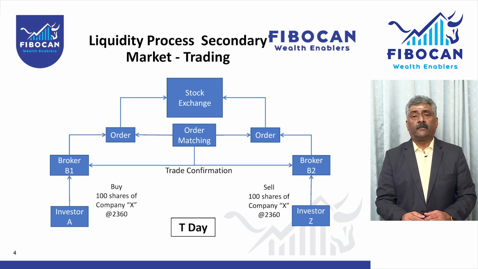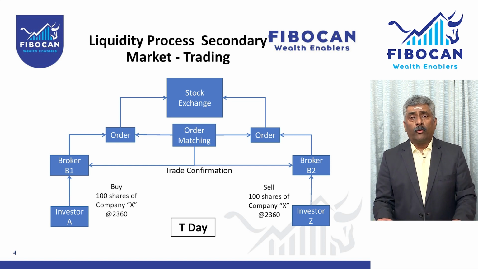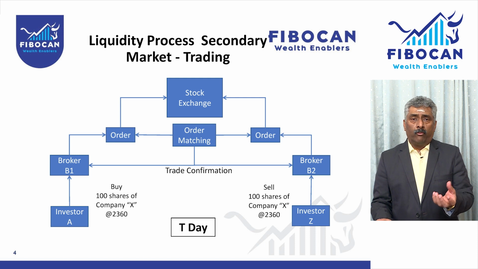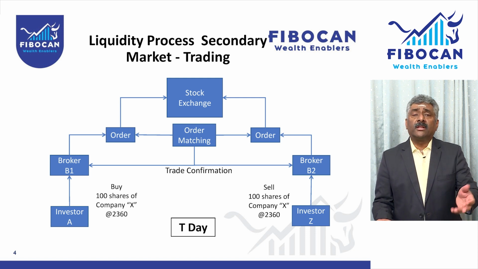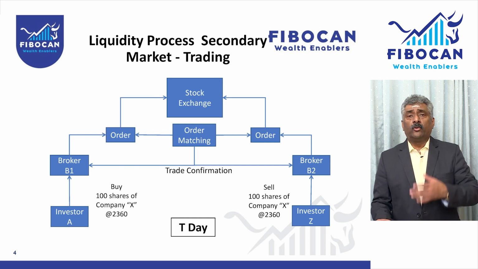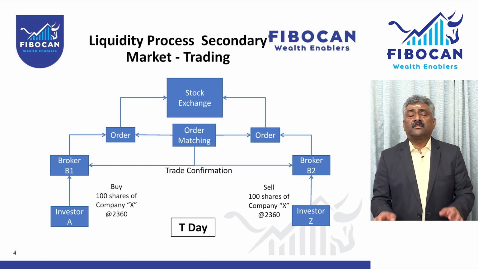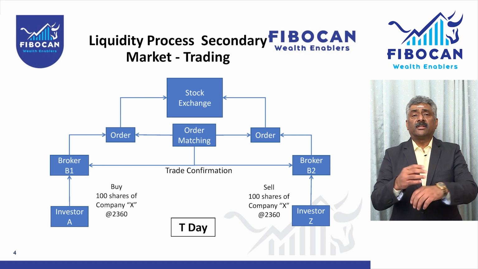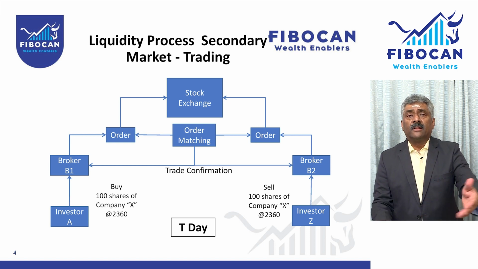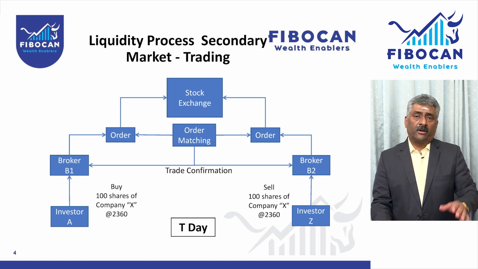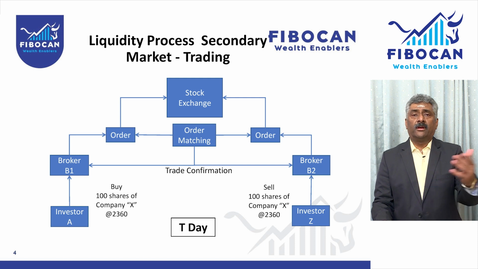That is settlement. Think of Ola, Uber, where we travel. You book an Ola or Uber from location A to location B. They do a search and give you a price. That is trading. Once you know the price and you sit in the cab and are dropped at the other place, that is settlement.